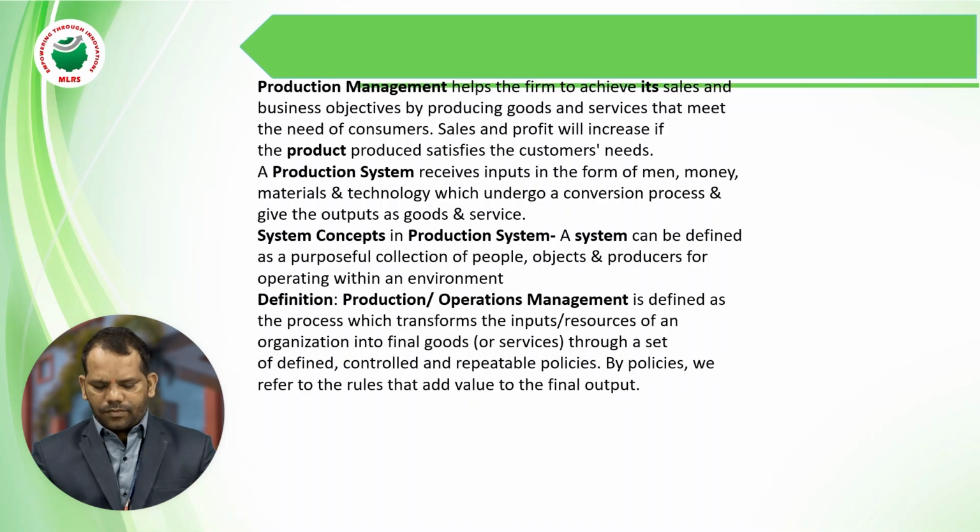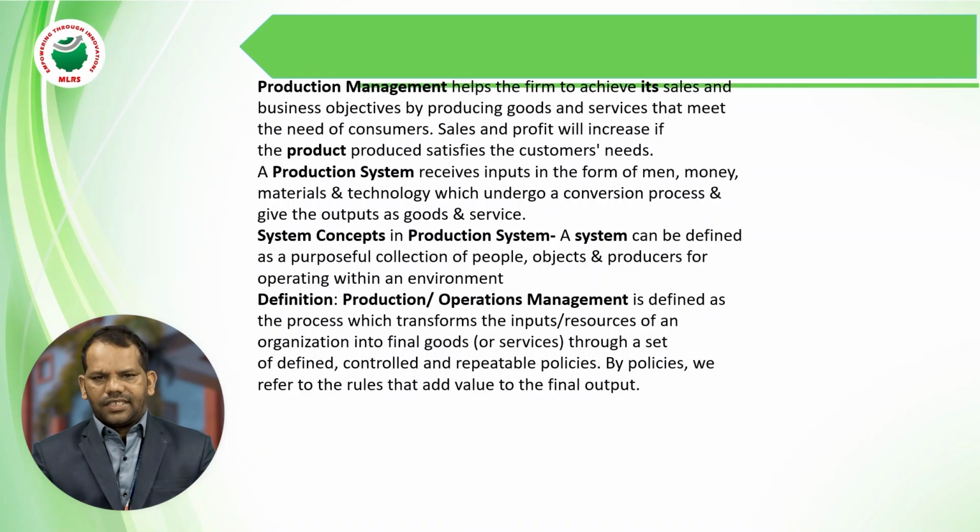Next, the definition of production and operation management. It is the process of transforming the inputs and resources of an organization into the final goods. The goods and services transform raw material into the final good of output. It is called the production system.